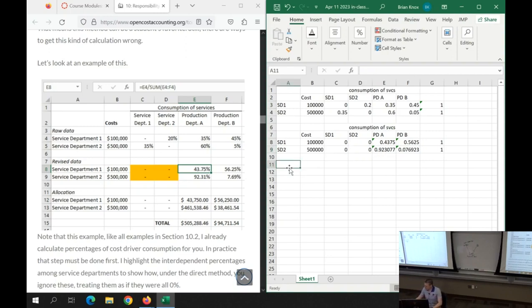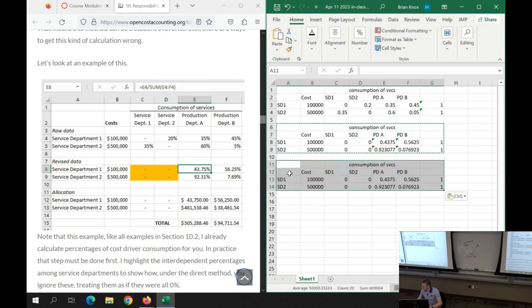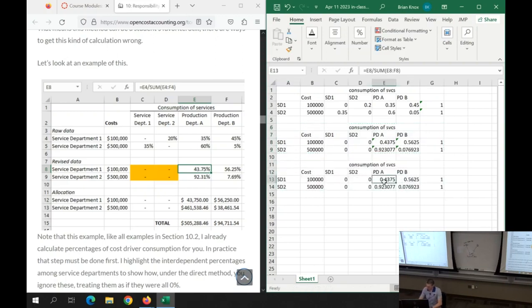So now this is the allocation phase. We're gonna take these percents and turn them into dollar amounts. So I want this dollar amount times that percent.